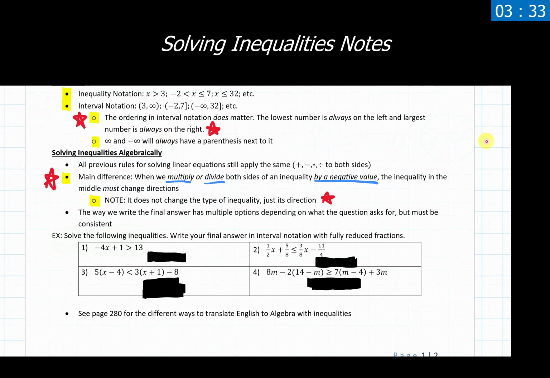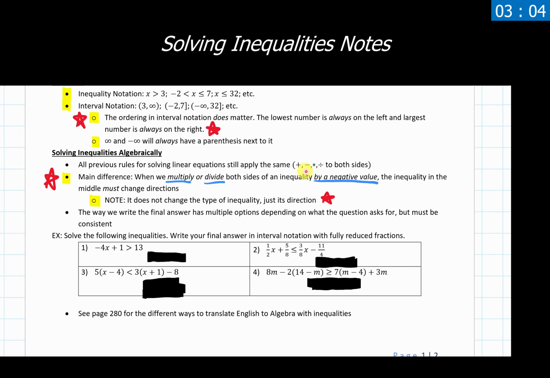The second part of working with inequalities in interval notation is having us actually go through and solve inequalities algebraically. Thankfully, we're not really going to be changing much of anything that we do. All of our previously learned rules and methods and possibilities for solving linear equations, which was the 2.1 all the way up through the 2.6 material, all still apply the exact same way here.